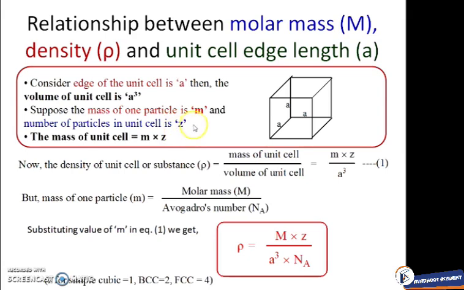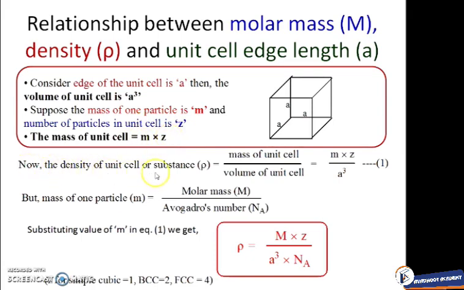Now this z, for the simple cubic system is 1, for the body centered cubic system it is 2, and for the face centered cubic system it is 4. The total mass of the unit cell is the mass of one particle into the number of particles, that is m into z.